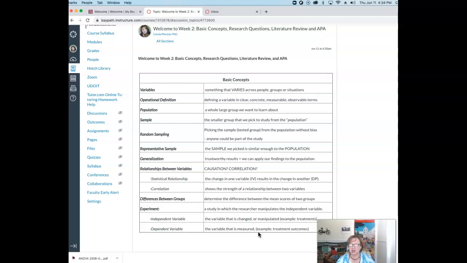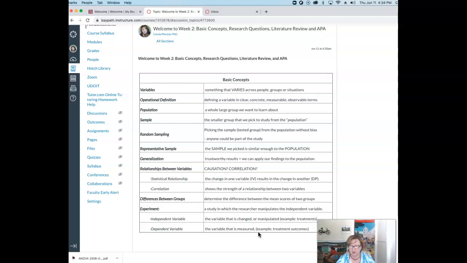Our population is basically the large group that we want to learn about. So I might want to learn about all inmates in federal prisons, right? Well, I can't conduct a study that deals with all these many people, so I might take a sample. So the sample is a smaller group that I pick for the study from the big population.